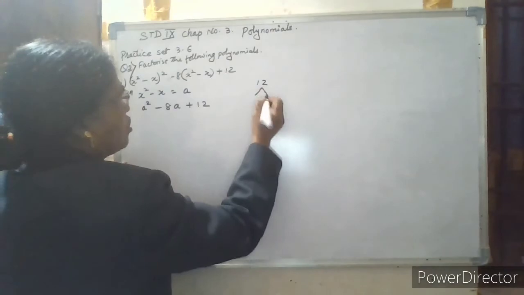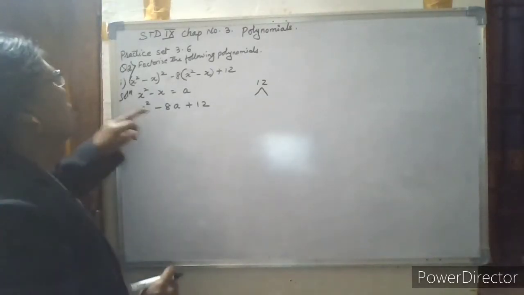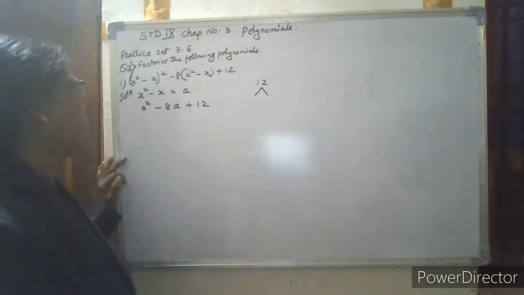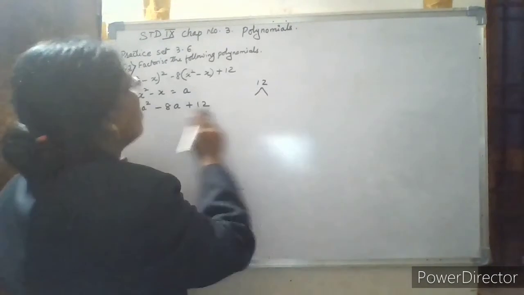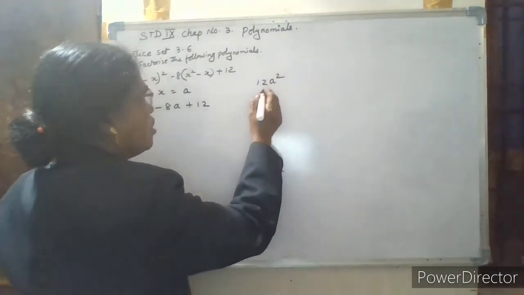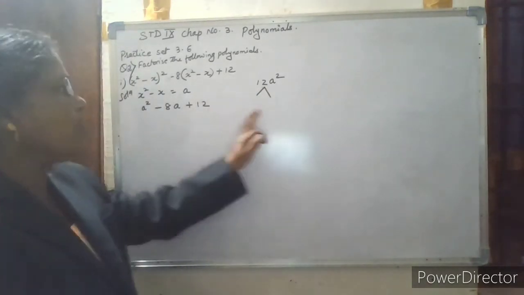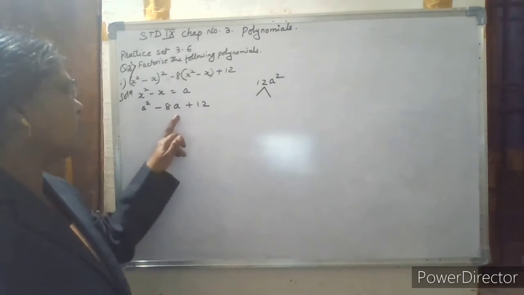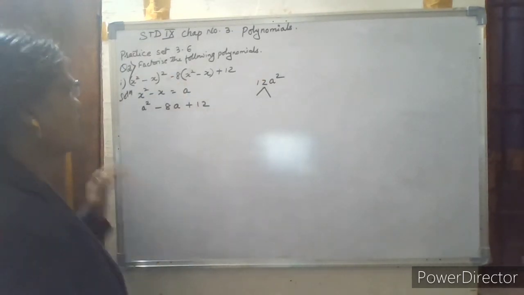First term into last term is 12a squared. Now 12a squared has to be split such that on adding you get minus 8a, and on multiplying you get 12a squared.